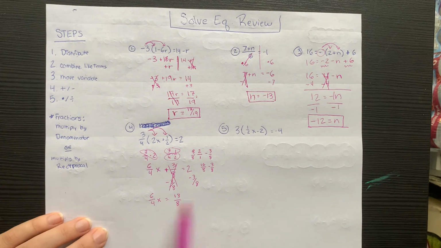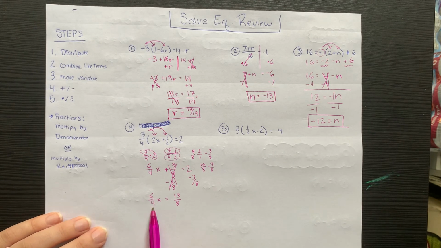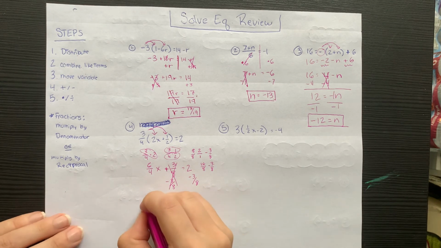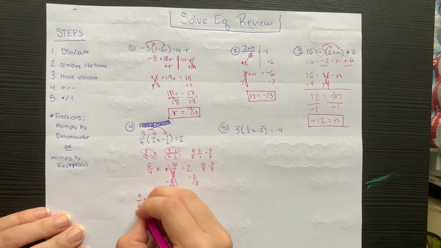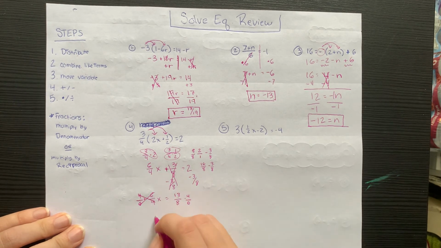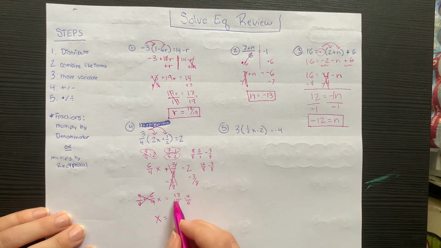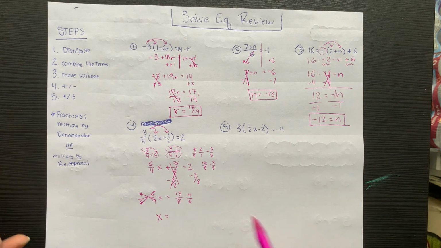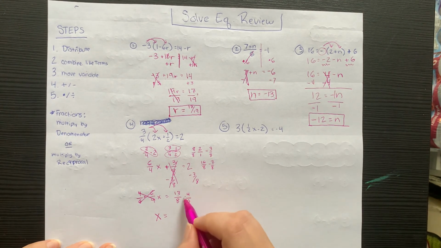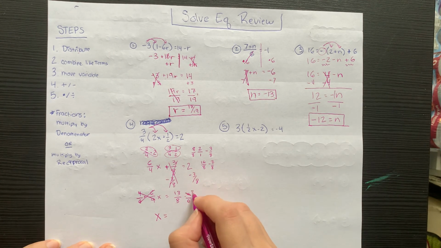At this point, to get rid of this fraction, we're going to multiply by the reciprocal. Reciprocal is when you flip it over. Multiply by 4 over 6. Remember, when we're multiplying fractions, we go across. A trick for you, you can reduce now, like 4 over 8 would be 2 over 4.